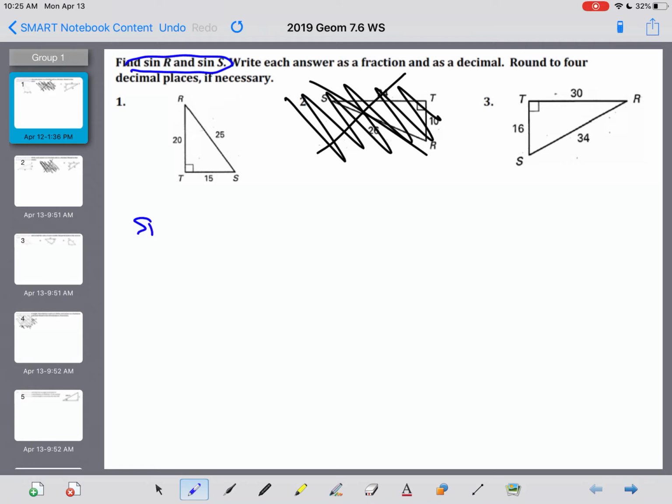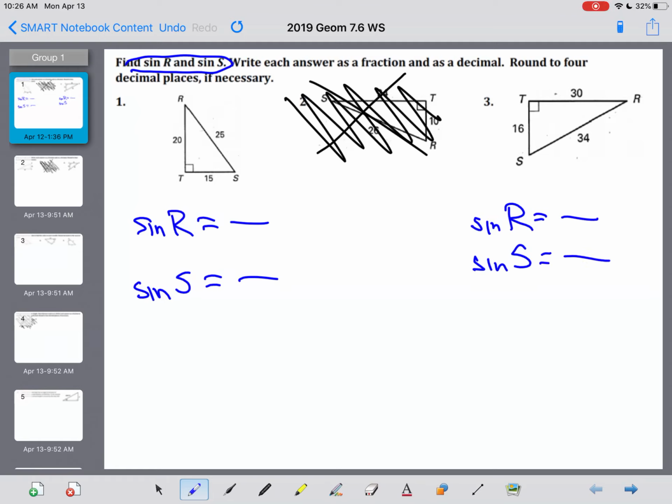So again, for each triangle, I'm going to do sine of angle r, sine of angle s. Okay? Then we're going to go ahead and set up our ratios.